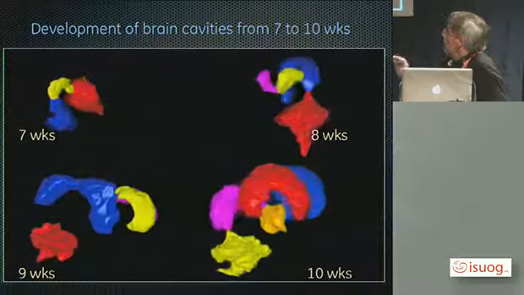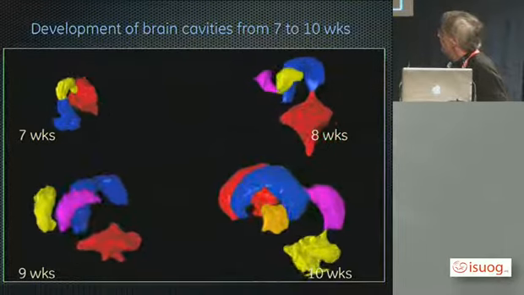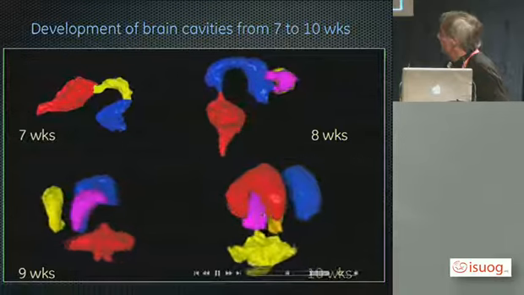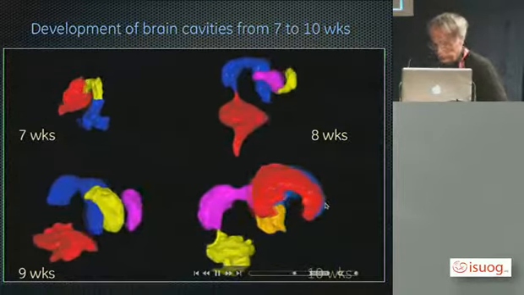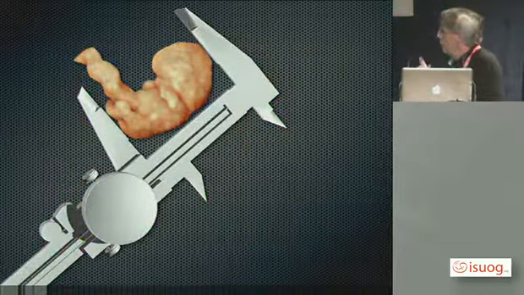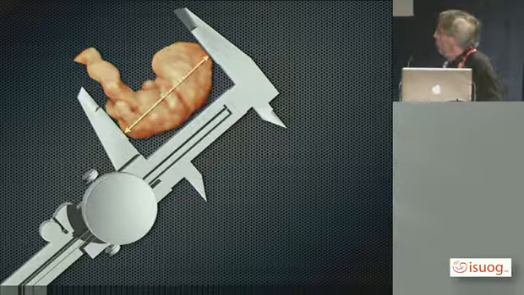Here you have the complete evolution from 7 weeks to 10 weeks of the brain cavity, with a spatial development of the anterior part with the 2 lateral ventricles. When we do the measurement of the embryo, we do the measurement of the greatest length of the embryo.